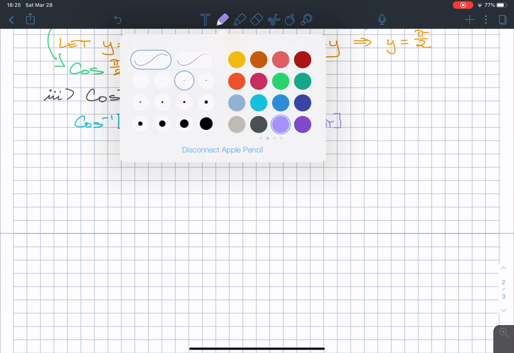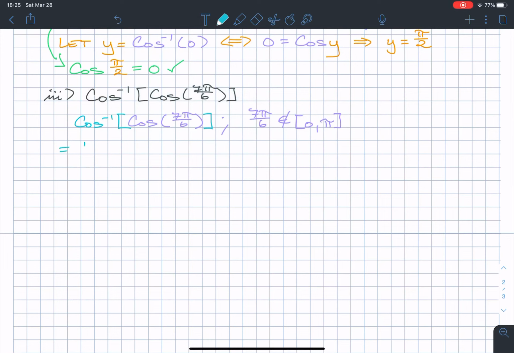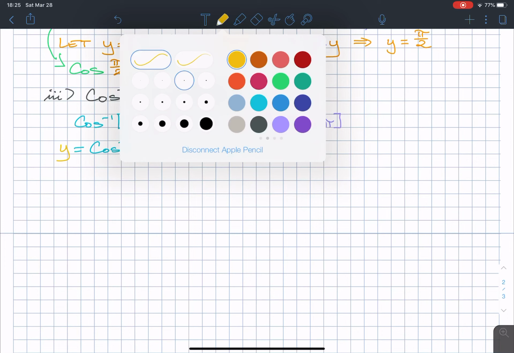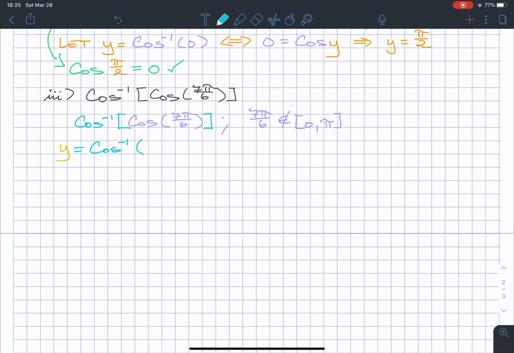I'm still going to evaluate this, so this becomes inverse cosine. Let me call it, say, y for the time being. y is equal to inverse cosine of, what's cosine of 7 pi over 6? Well, that's a pi over 6 reference angle in quadrant 3, so that's going to be negative square root of 3 all over 2.